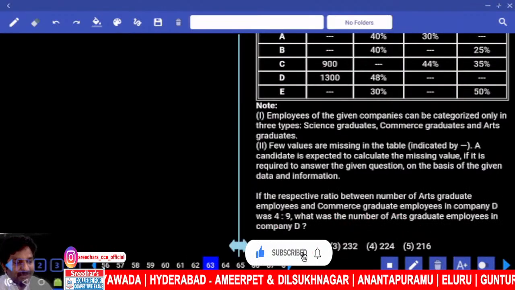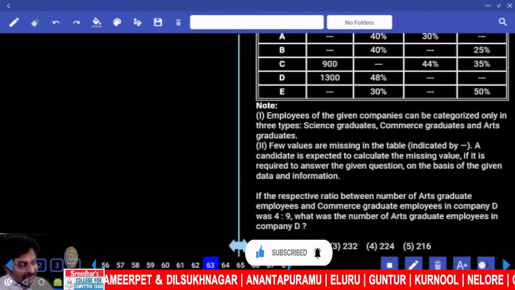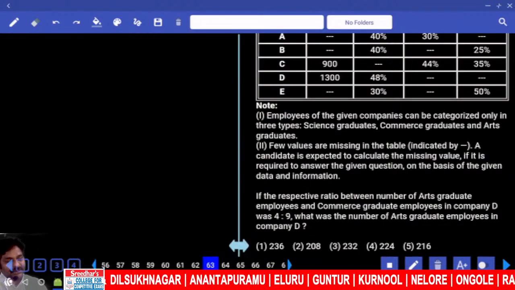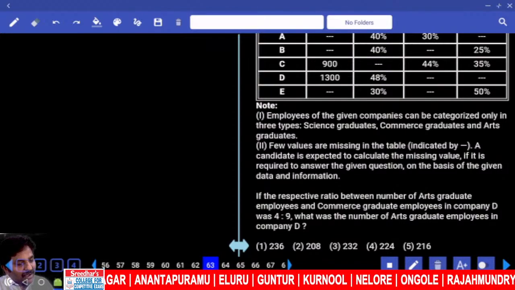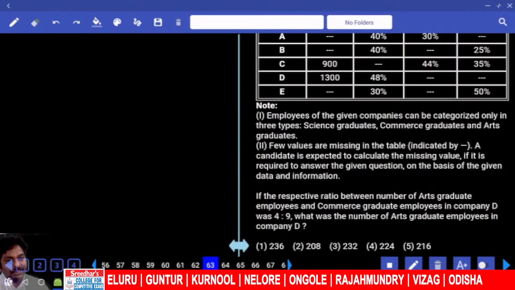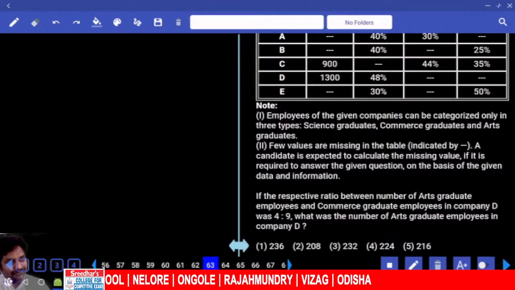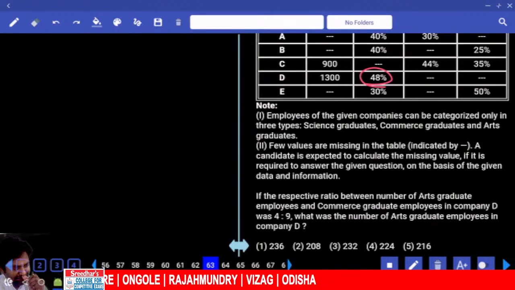If the respective ratio between number of arts graduate employees and commerce graduate employees in company D was 4:9, what was the number of arts graduate employees in company D? In company D, already we have 48% science graduates, correct?